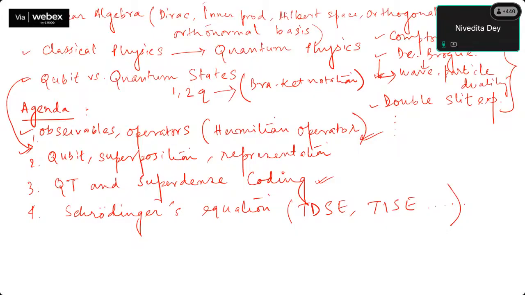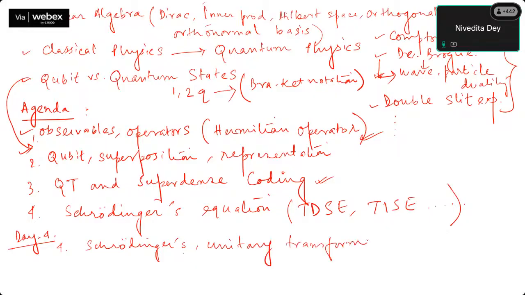And tomorrow, let me also write it so that you have a good understanding, for day 4 we are targeting to complete the Schrödinger equation. So I guess day 4 will again be a continuation: Schrödinger's and the unitary transformation.